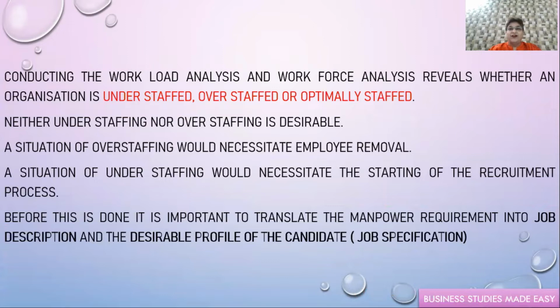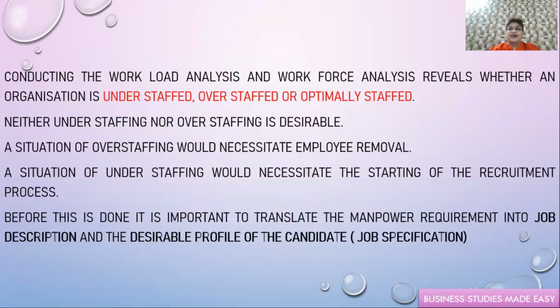Now, whenever an organization is calculating the manpower requirement, this also reveals whether the organization is understaffed, overstaffed, or optimally staffed. Now, if they're understaffed, then the entire process of staffing should begin. If it is overstaffed, then some people need to be removed. And if it's optimally staffed, then that's good enough.